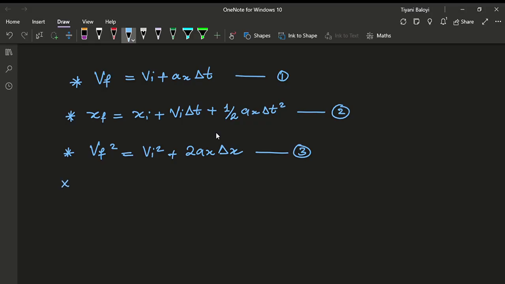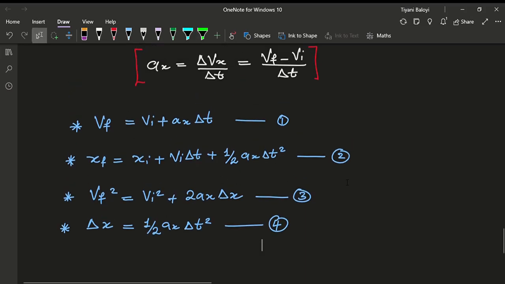And then you can have the fourth one, which is change in x is equal to 1 over 2 a x change in t. Some people write this as Vf plus Vi multiplied by change in t without the square. It depends on who is manipulating these equations to get your equations of motion, right? So these are your equations of motion.